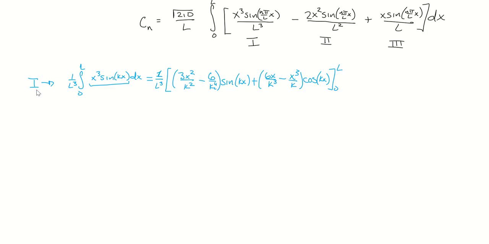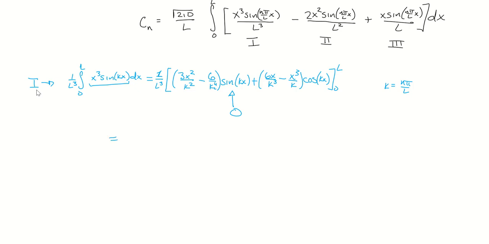One thing we want to notice that makes life a lot easier: at both the limits, if we plug in L, sine, remember k is equal to n pi over L, so k times L is going to be some multiple of pi, which makes that 0, and sine of 0 is 0. So this term is 0 at both the limits. We can ignore it.